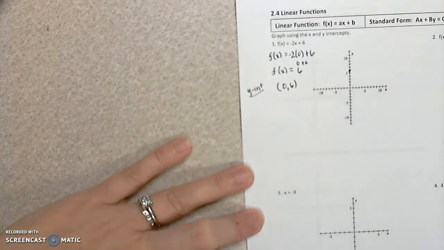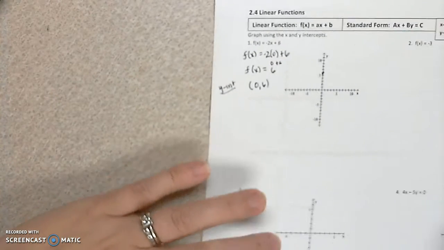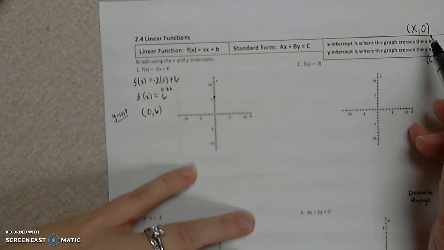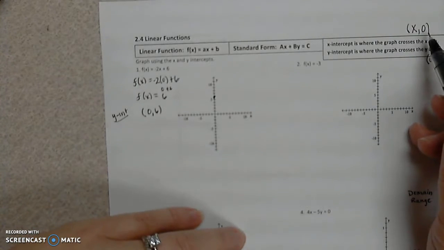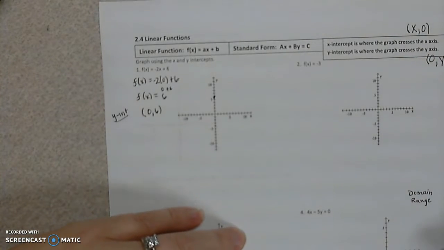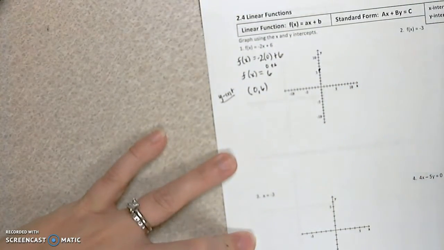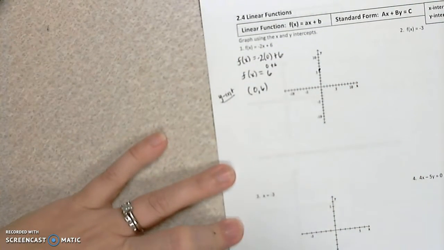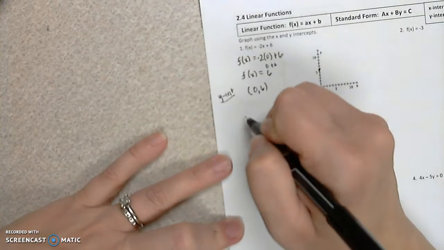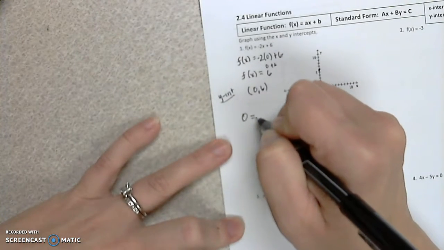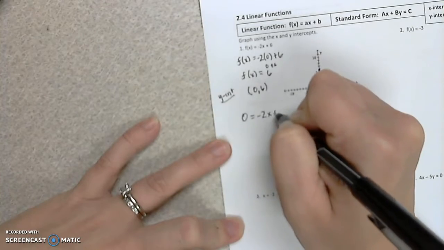Next I'm going to find the x-intercept. So if I'm looking for the x-intercept, I know that on the x-intercept, the y has a value of 0. So I'm going to come over here, and in place of y, which is the same thing as f of x, we're going to say 0 equals negative 2x plus 6.